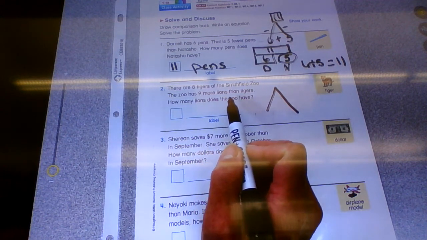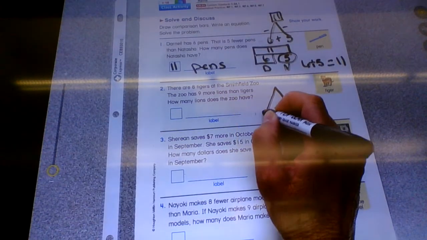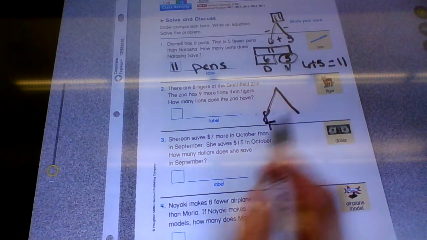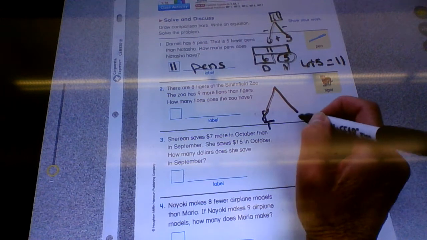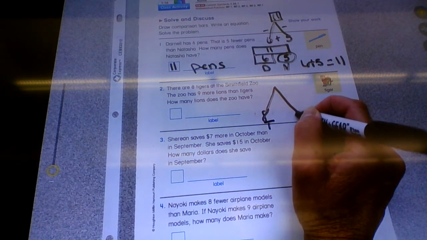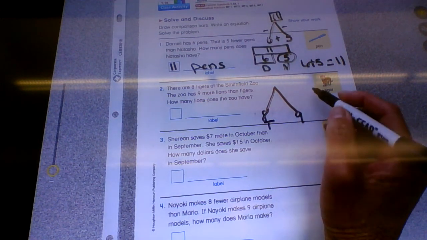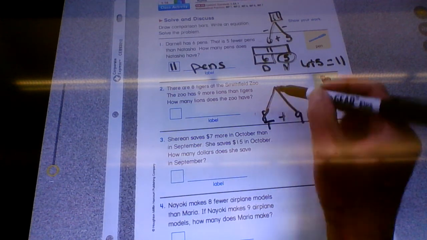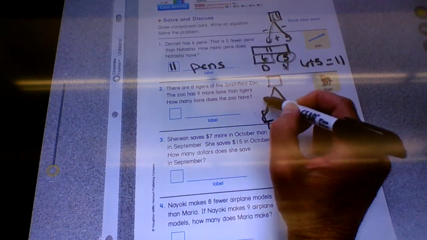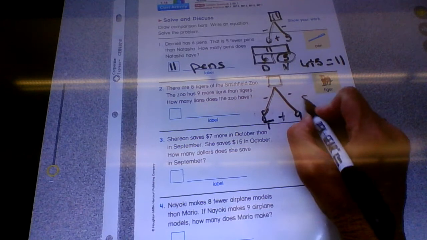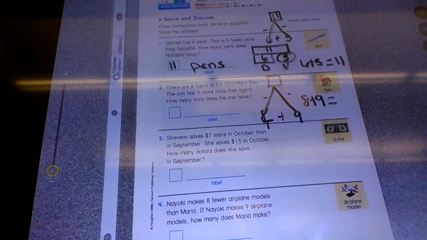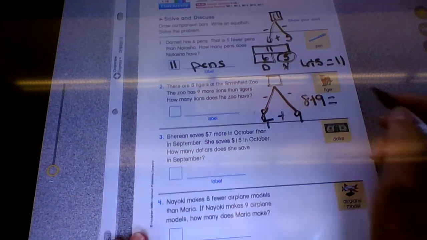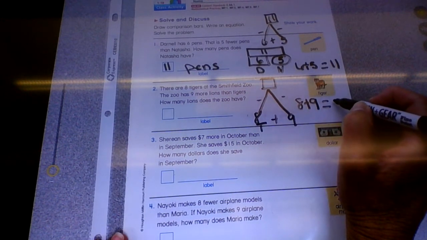All right, so we know that there are 8 tigers. Okay, and the zoo has 9 more lions than tigers. So there are more lions than tigers. All right, so we know that when we put 2 partners together, we have to add them. Okay, so we make our equation, which is 8 plus 9, and our answer will be 17.